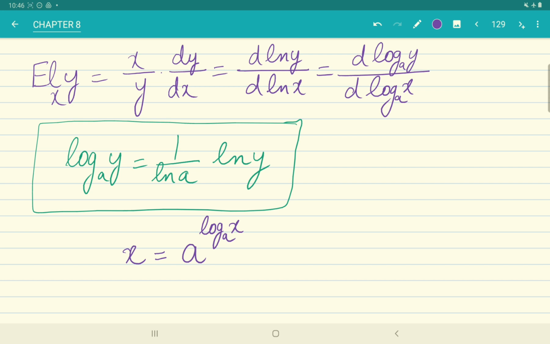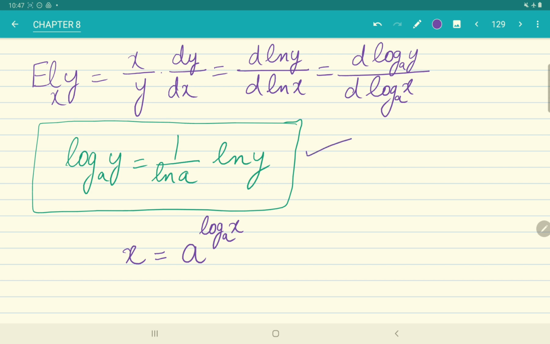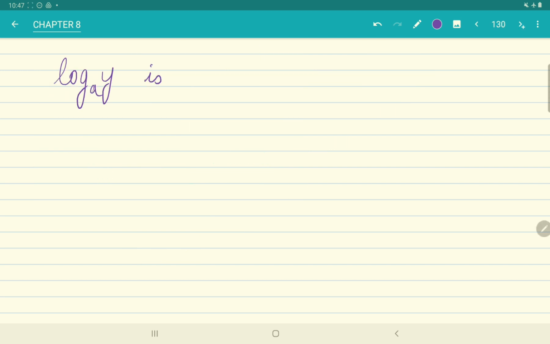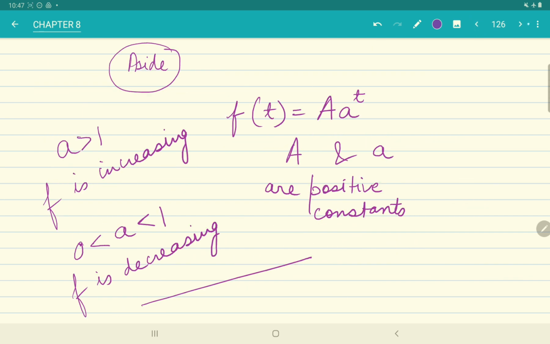So now we have the same story, in fact, that if I want to think of log y to the base a, this I know from here that this is a differentiable function of y. It's exactly the same thing.